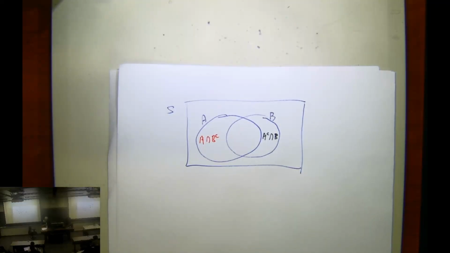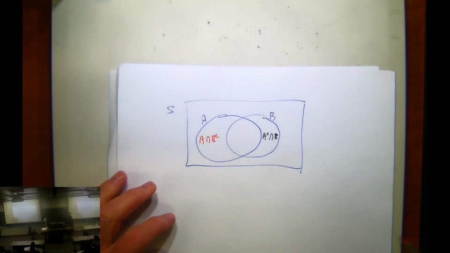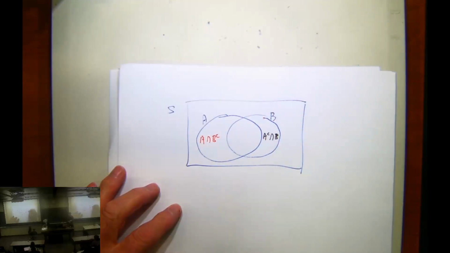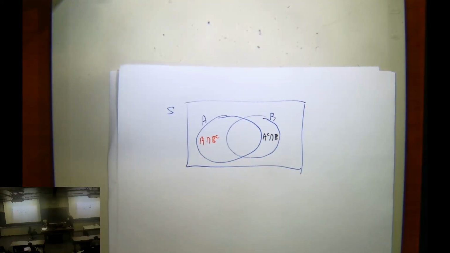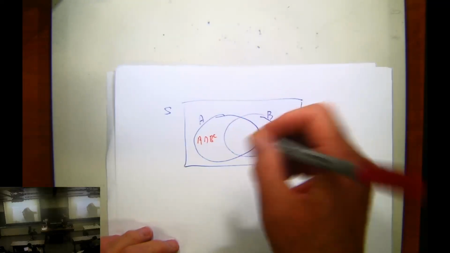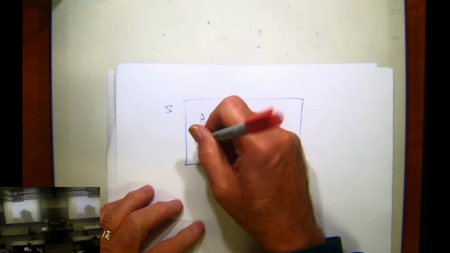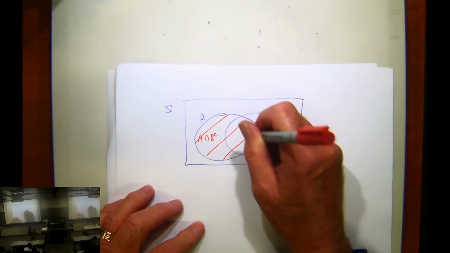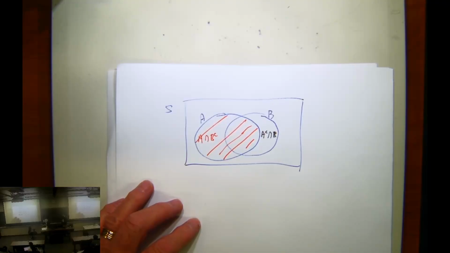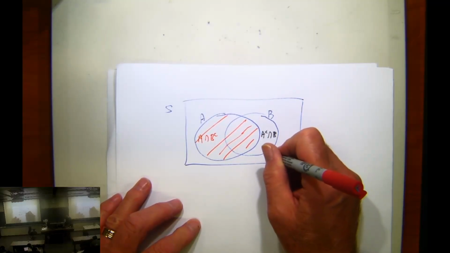Well, the union is where either, what is that union going to be? A union B complement. So let's look at A union B complement. Okay, where is A union B complement? Well, there's A, and there is B complement.